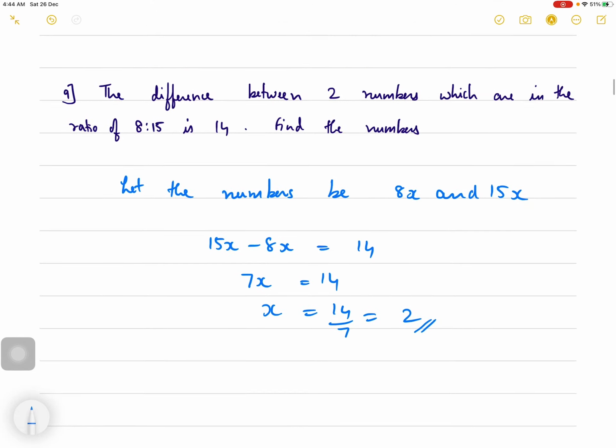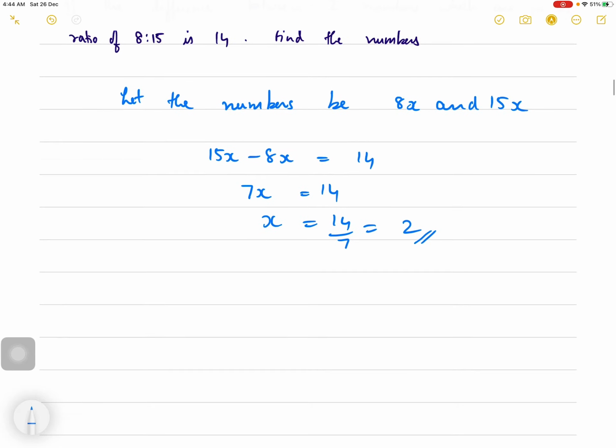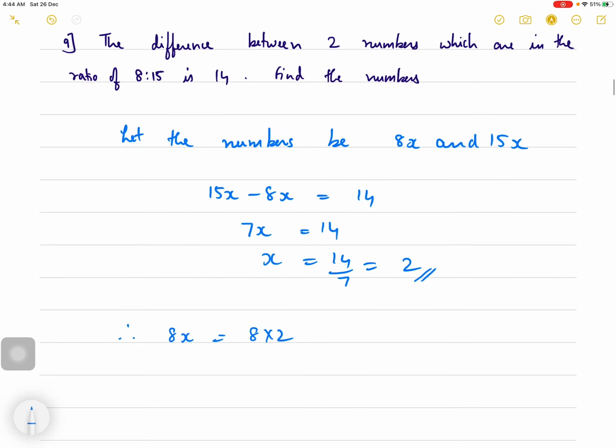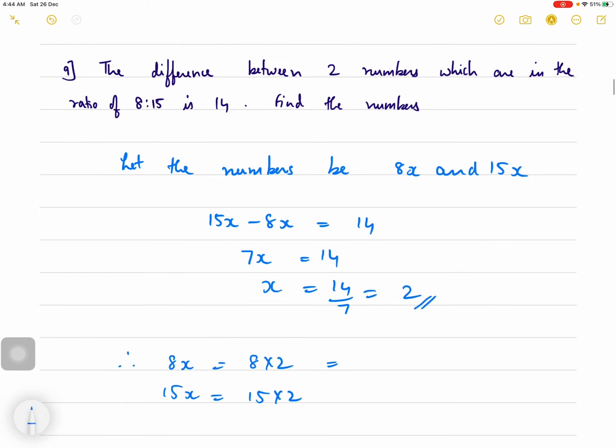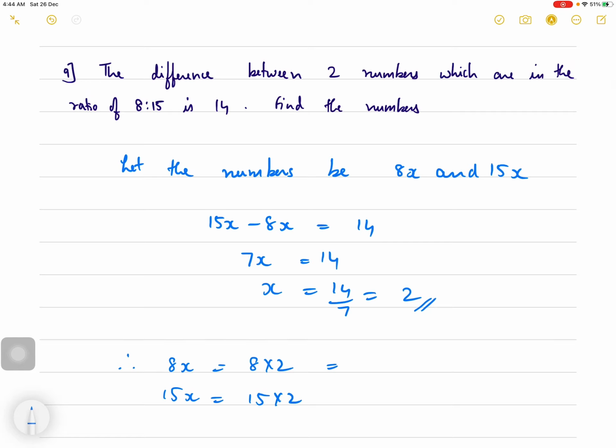So if x is equal to 2, then what is 8x? So therefore 8x is equal to 8 into 2 and 15x is equal to 15 into 2. So 8 into 2 is 16, and 15 into 2 is 30.